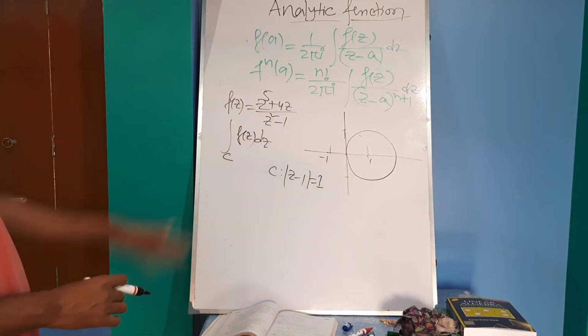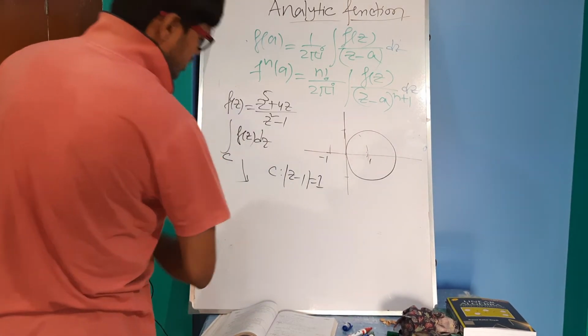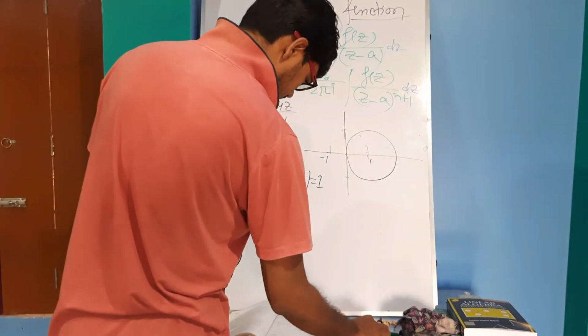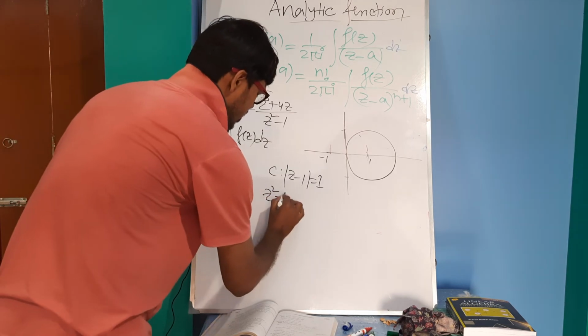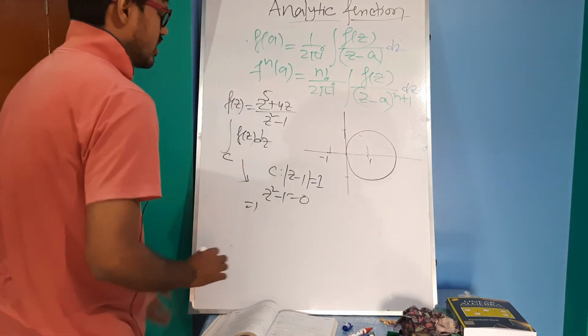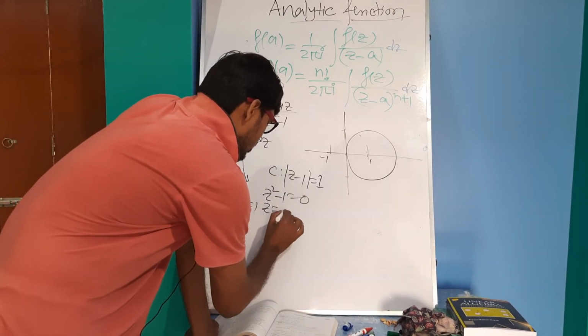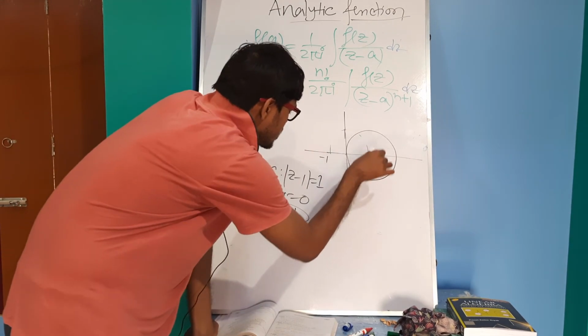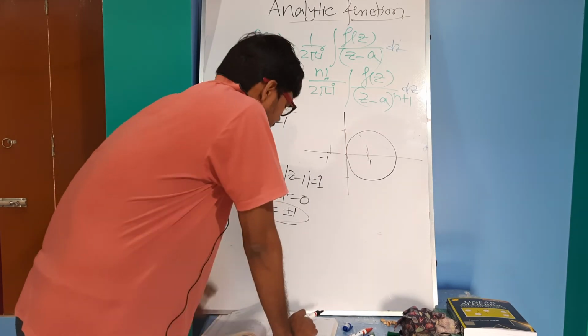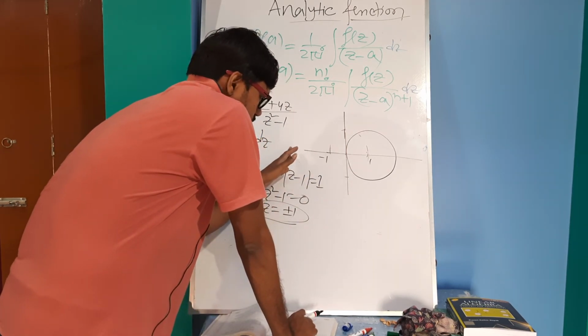So what is the integration value here? A very interesting problem. If you check, there are two singularities, z square minus 1 equal to 0, and z equal to plus or minus 1. So plus 1 is within the contour and minus 1 is outside the contour.